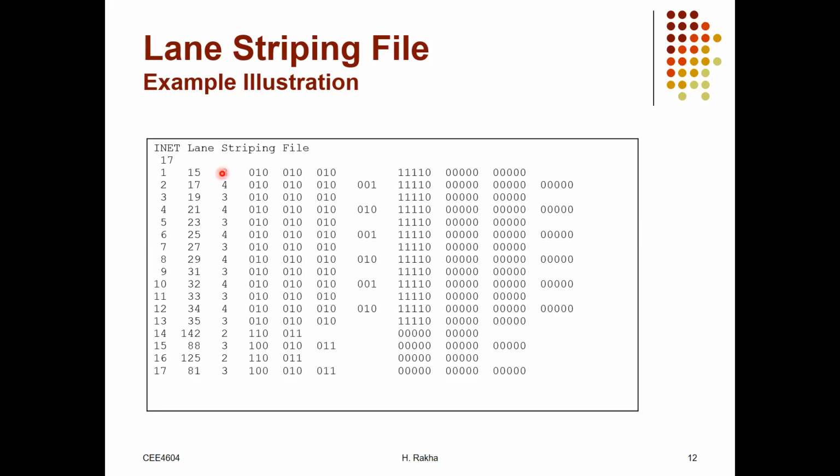And this has to be consistent with which file? What does this have to be consistent with? Where else do we code the number of lanes on a link?